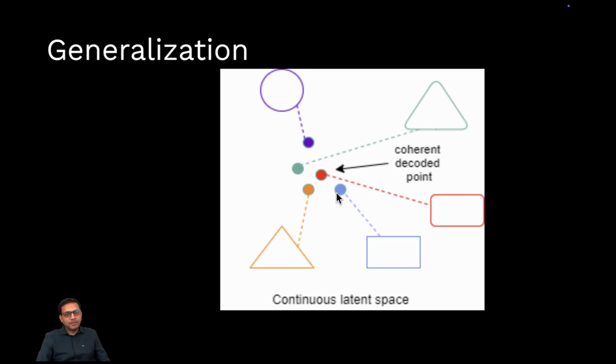Now, once the model is trained and we are generating, or traversing in the latent space, let's say we position ourselves here. This point may be influenced by whatever nearby points are generated. In this example, this red dot is being inferred by the decoder as a rectangle, but not with sharp edges.